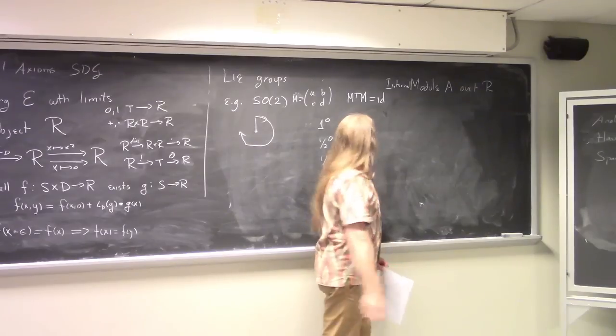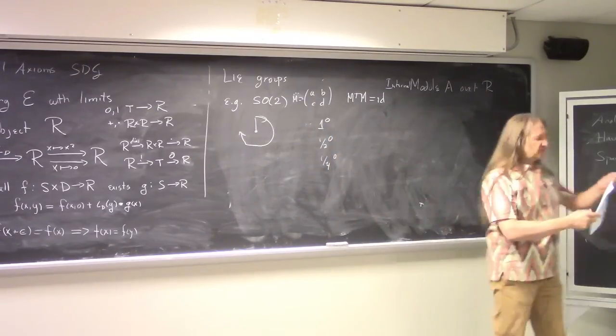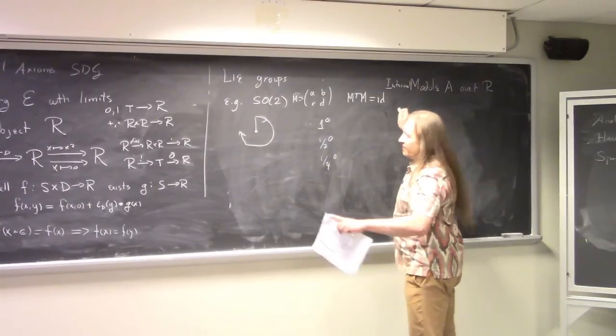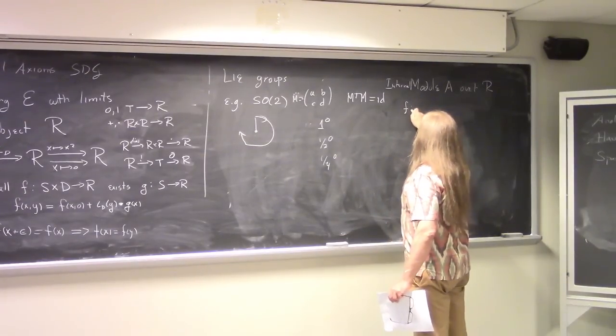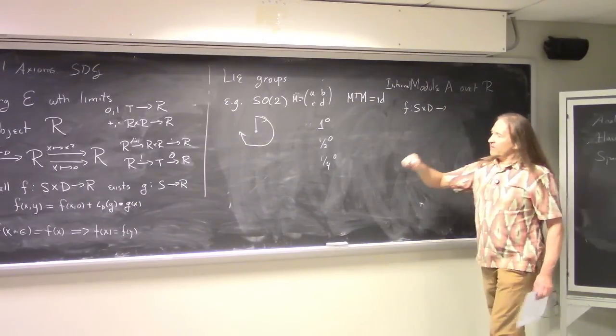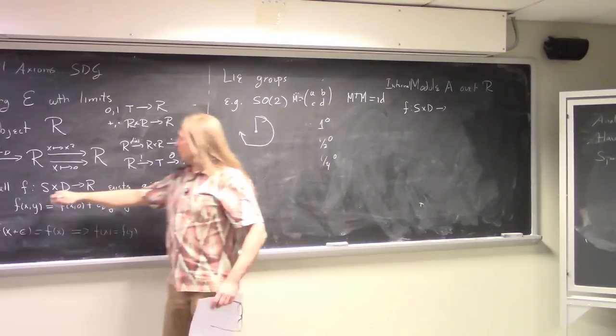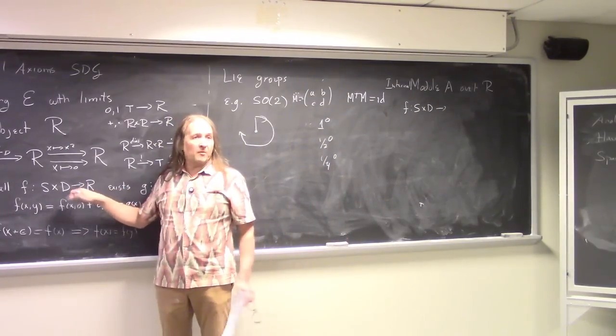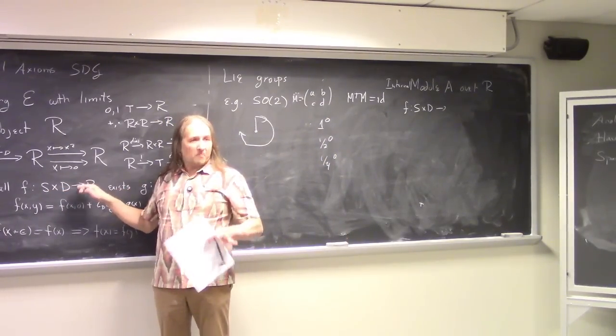So I'm going to have to assume an analog of this property, where instead of looking at just functions that go from some space into my ring R, I want functions that go into this module.